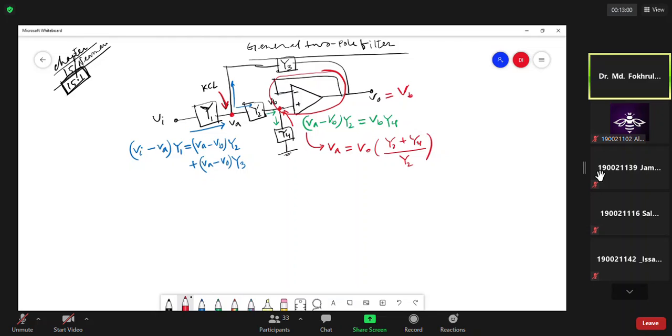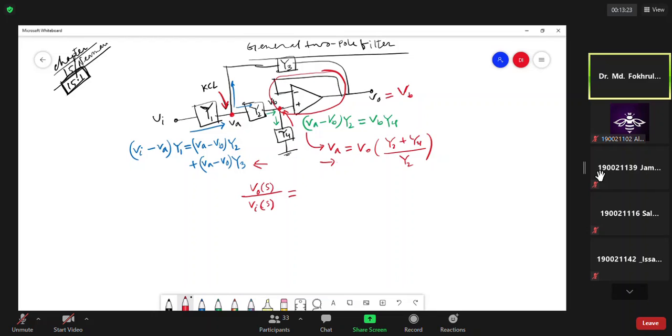And if we compare with this one and this one, after simplifying, we can get V naught(s) divided by VI(s), our target. What is this? The gain or the transfer function.